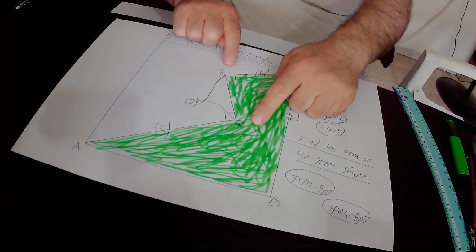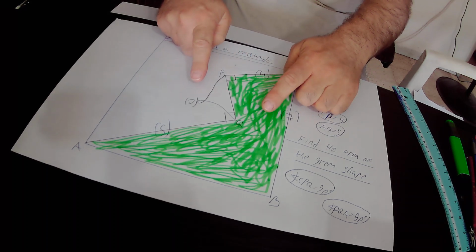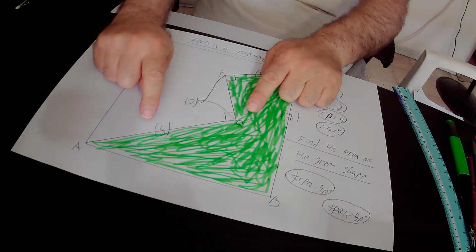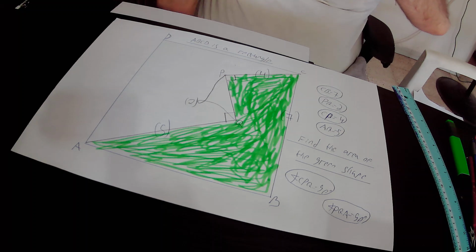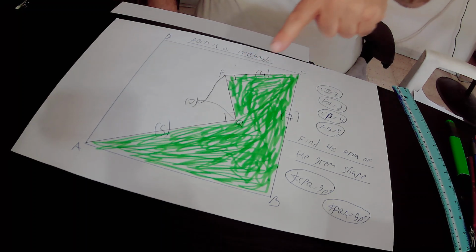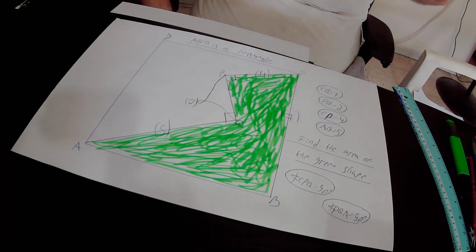This is line segment PQ, which equals 2 units. And finally, this is line segment QA, which equals 5 units. In addition, angle CPQ is a right angle, and angle PQA is also a right angle. I repeat again that our mission is to find out the area of this grand shape.